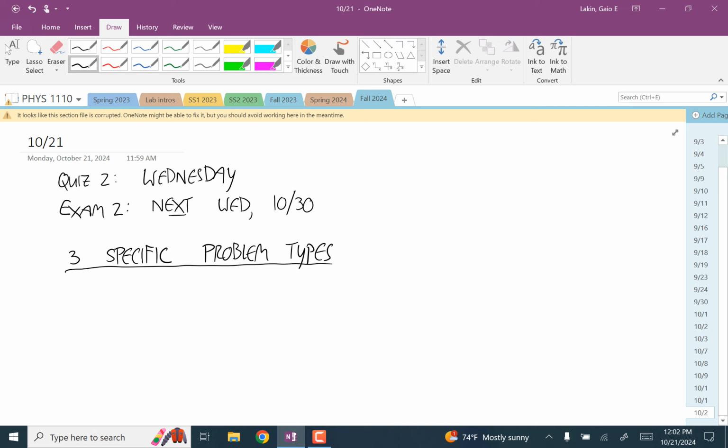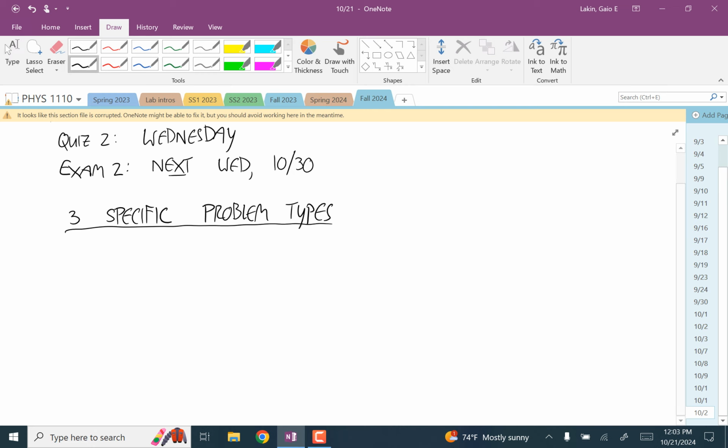Okay, so whenever you have one of these 3 specific types, you sort of want to go into that specific approach to this problem. The first one is systems, I guess I call it collections of bodies, with the same acceleration.